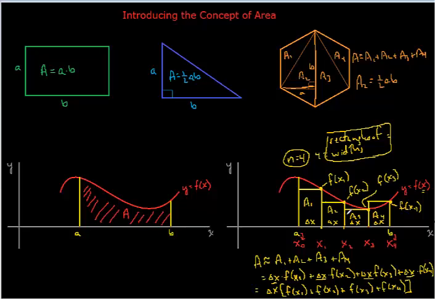Another is, we only gave examples that illustrated 2 and then 4 rectangles. You could do this for as many rectangles as you like, and the whole idea is the more rectangles you use, hopefully the better your approximation becomes. For instance, let's say I start off with 4 strips of equal width, and then I cut each of those strips in half, making that 8 strips.